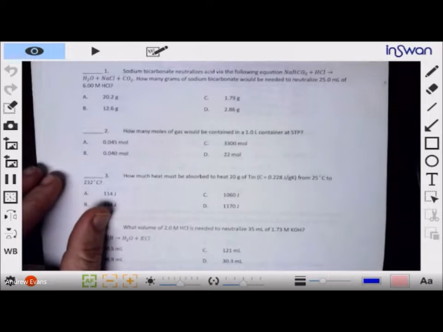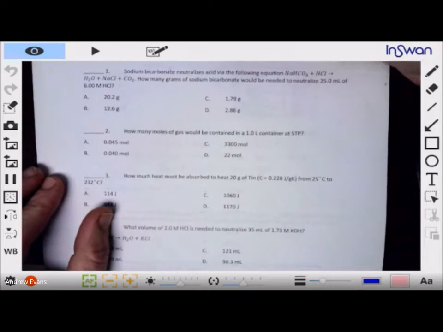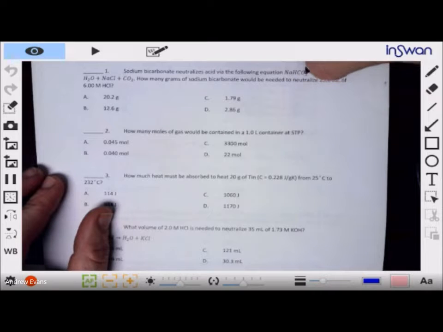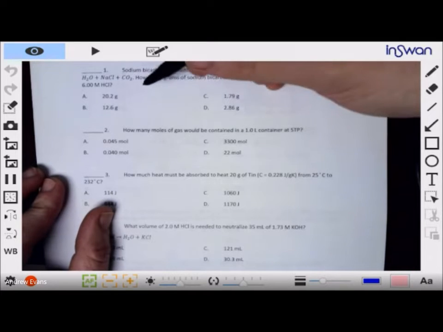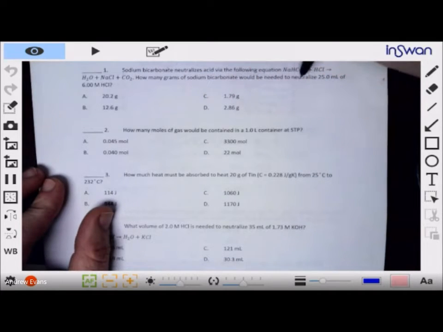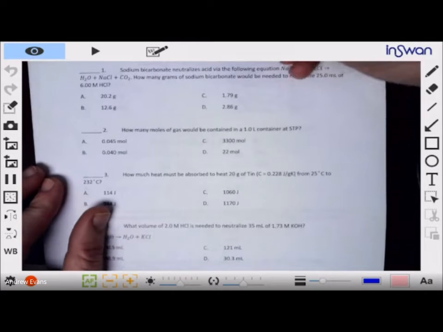Starting with number 1. Sodium bicarbonate neutralizes acid via the following equation: NaHCO3, sodium bicarbonate, plus HCl goes to water, sodium chloride, and CO2. The carbonate, bicarbonate means HCO3, or sodium hydrogen carbonate.